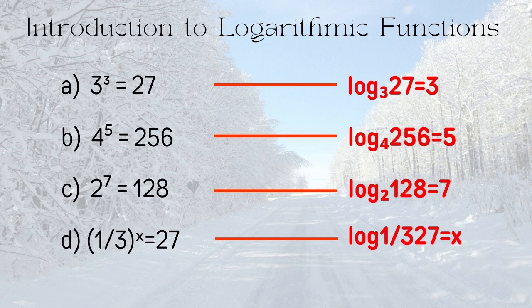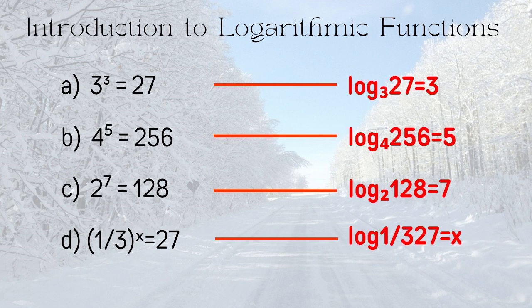Next, we have the b, which is 4 to the power of 5 is equal to 256. When we convert that into a logarithmic function, it can be rewritten as log 256 to the base 4 is equal to 5.